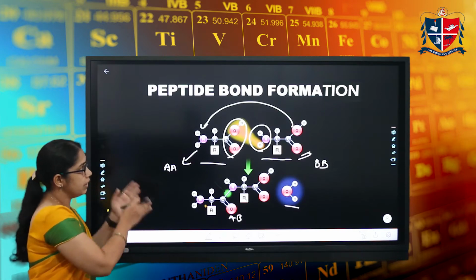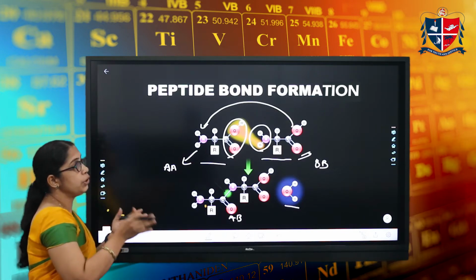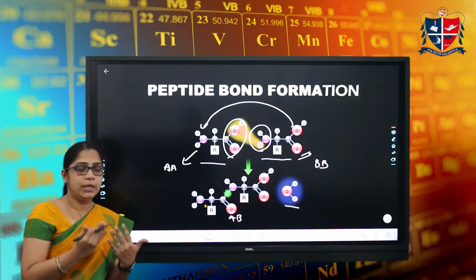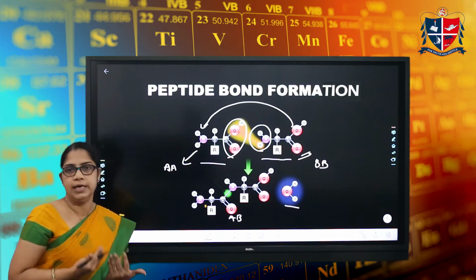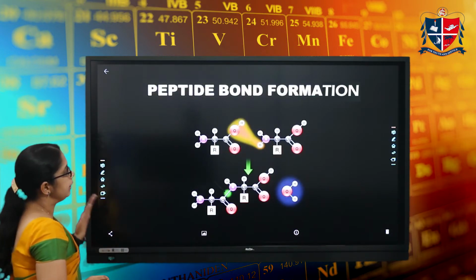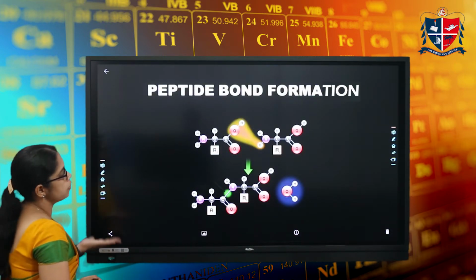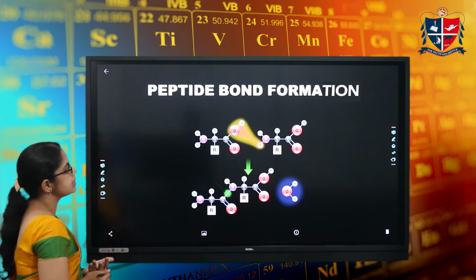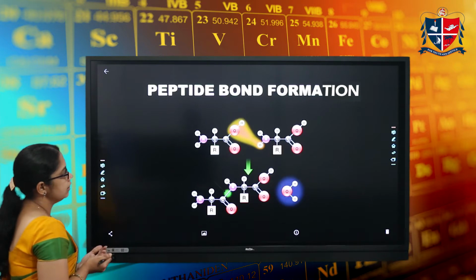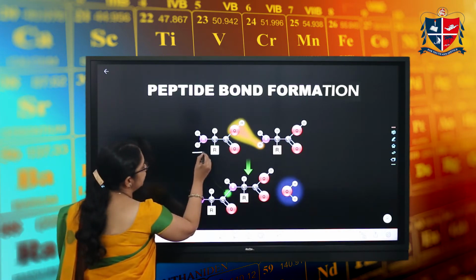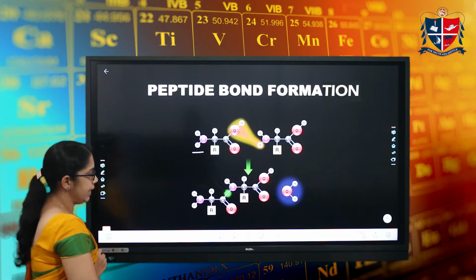So in this class, I am going to discuss how this protection can be done by using different reagents. There are different methods that can be used for synthesizing dipeptides or polypeptides. In one method, the NH2 group is protected using a suitable reagent.